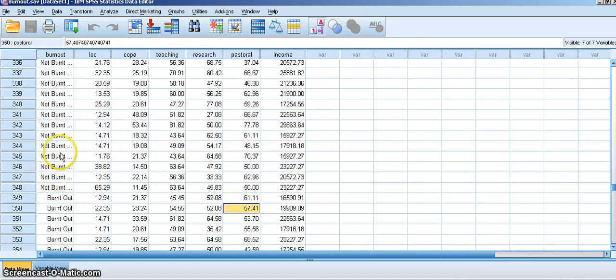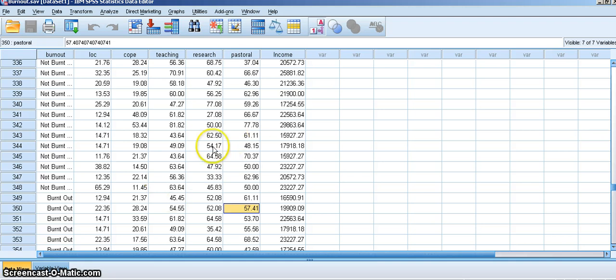Maybe the burnout group is going to have higher average or higher mean of stress related to teaching compared to the non-burnout group, or vice versa. So whenever we are hypothesizing about the direction of that change, our hypothesis is going to be directional as well.